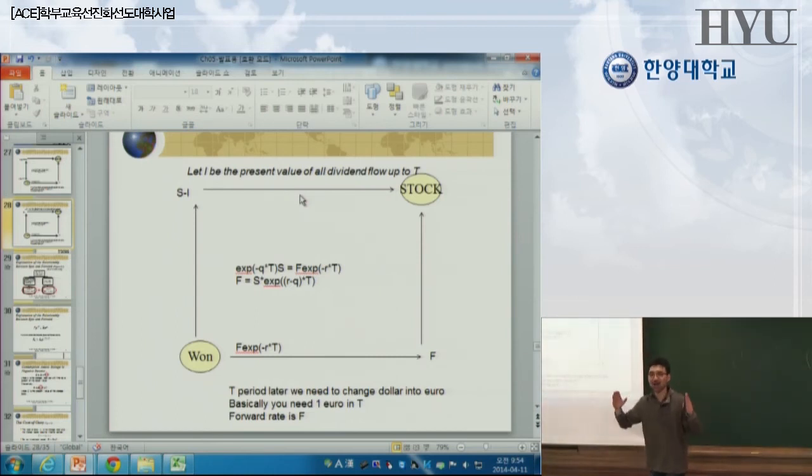I is the entire present value of the dividend flow per stock up to time T. So in order to have one stock at time T, I don't need a full stock right now. I need just S minus I amount of stock, and that will grow to one stock at time T.